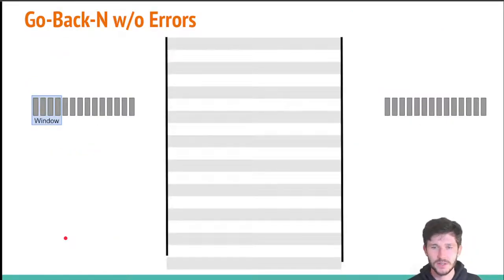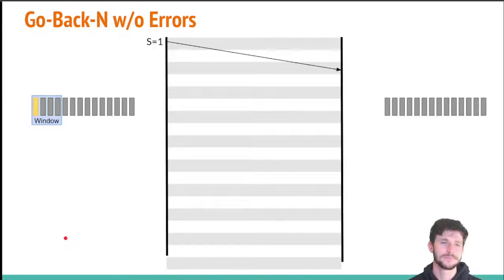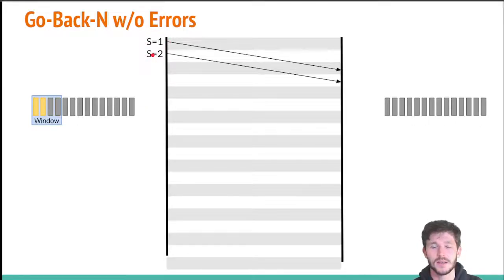So let's take a look at what this looks like without errors. We have this nice animation that Sarah, one of our other TAs, spent a lot of time making. We have a window of size 4 here, and a sequence of 14 packets that are being sent. The very first packet gets sent, then the second packet, third packet.